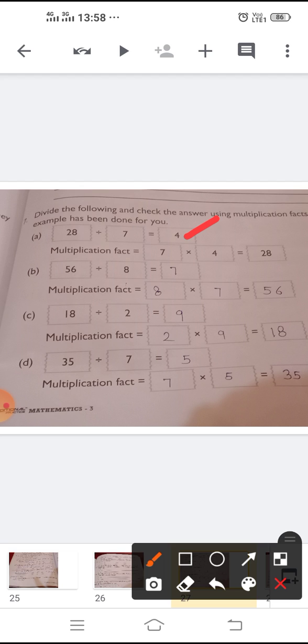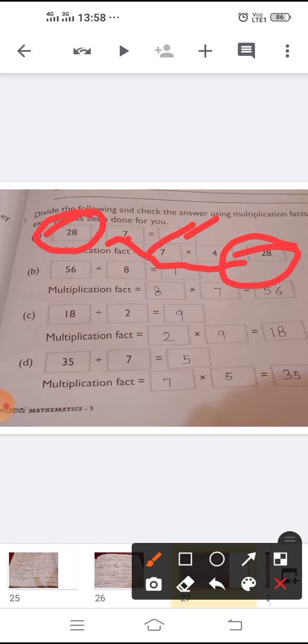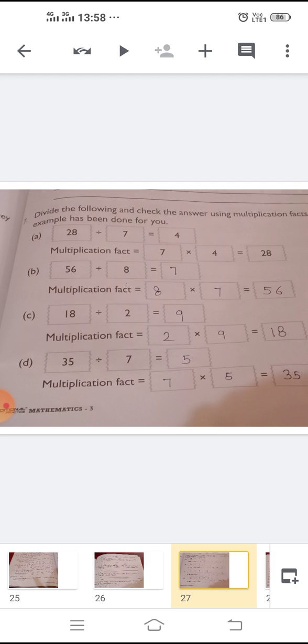When we are using the multiplication fact, we take this 7 and the number we get, and they are multiplied together. That will give the total number we have here. Understood? So you have to use the division property, the multiplication fact.